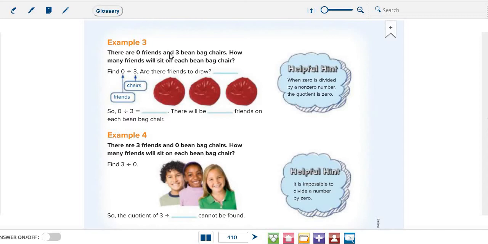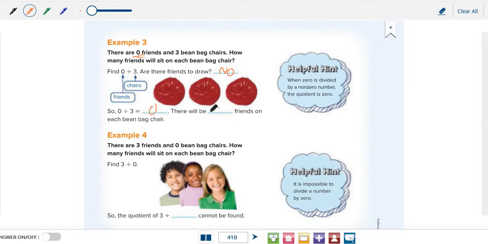There are 0 friends and 3 beanbag chairs. How many friends will sit on each beanbag chair? What do you think in grade 3? If we have 0 friends in all and 3 beanbag chairs, how many friends will sit on each beanbag chair? Are there friends to draw? Of course, no. So 0 divided by 3 equals 0.